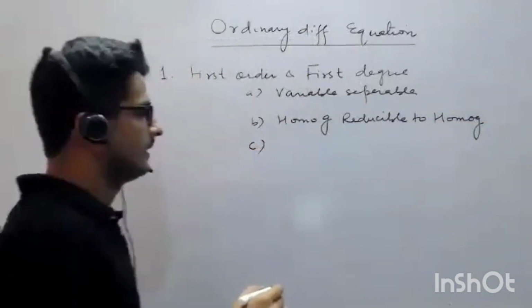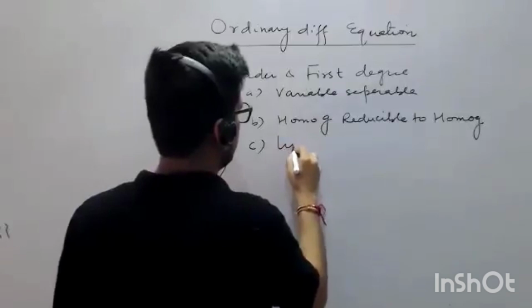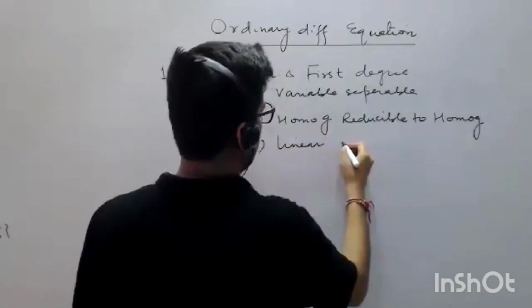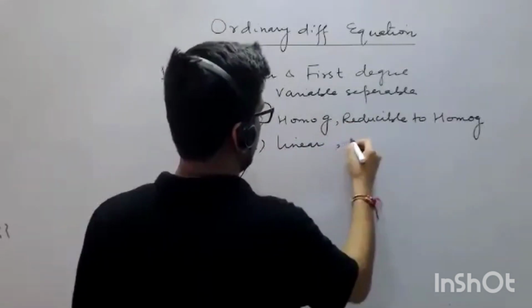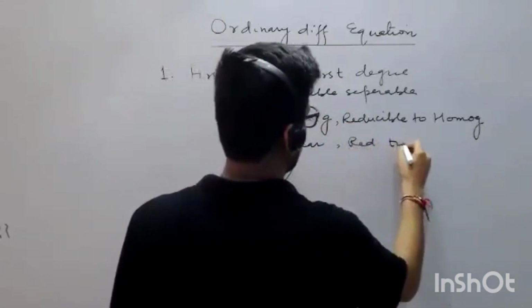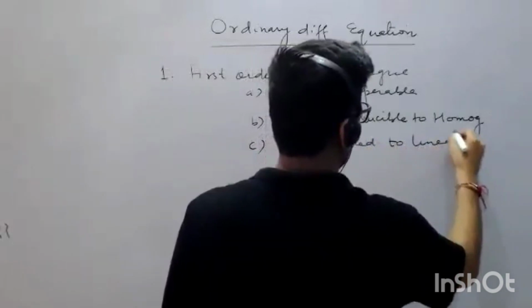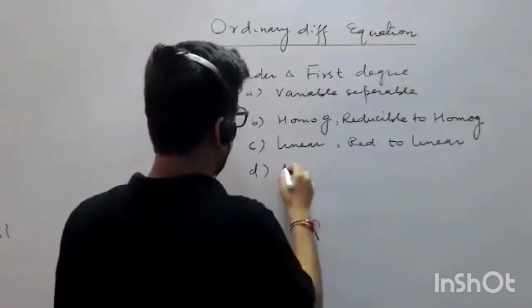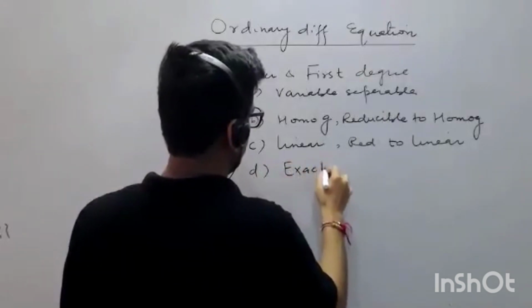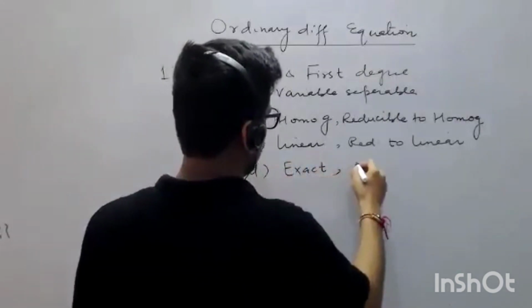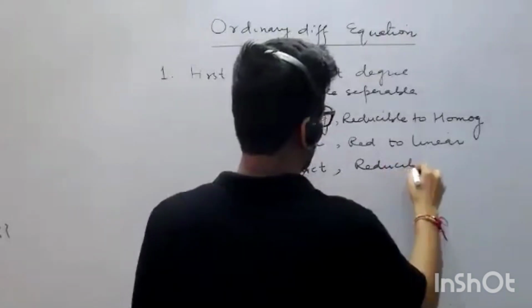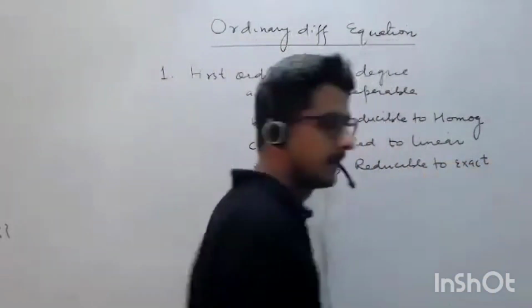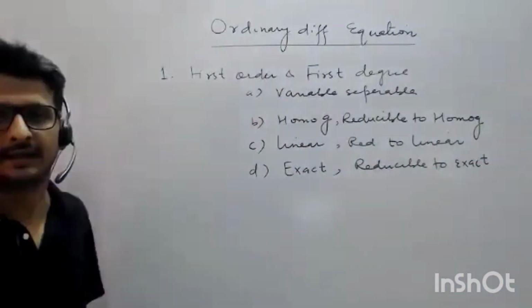Then C will be linear, and then we will have reducible to linear equations, and D will be exact differential equation and reducible to exact.